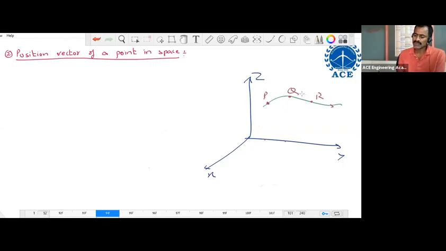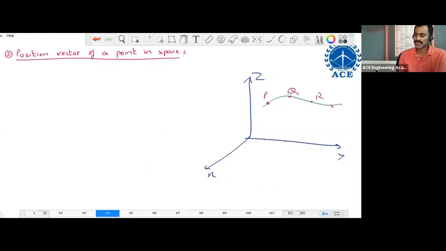To express every position as a vector, we consider one reference point, one fixed point. Universally, to follow uniqueness, we always consider the reference point as the origin.